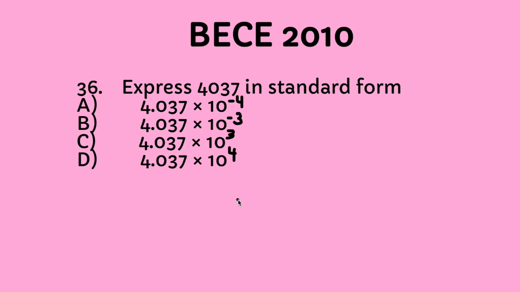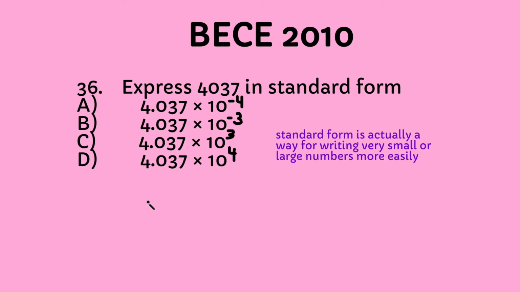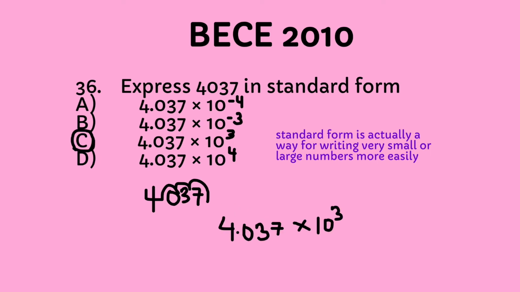In this question, we are actually just supposed to convert to standard form. To do that, what am I going to do? I'm going to move 1, 2, 3 and put a point right after 4 to get 4.037 times 10 to the power 3. This is how we would express 4037 in standard form.